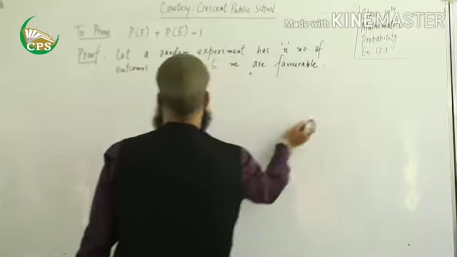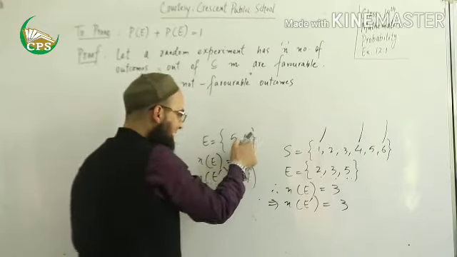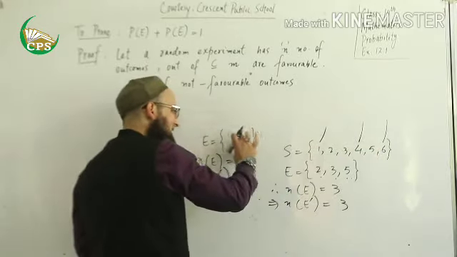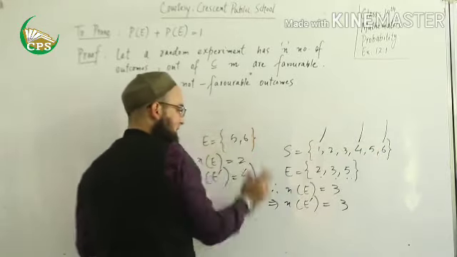Let me give you one more example. For the same sample space, let us say my event is number greater than 4. Numbers greater than 4 are 5 and 6. So the number of favorable outcomes is 2. What is the number of not favorable outcomes? 1, 2, 3, 4. How many are there? 4. How do we get the 4? The total, 6, minus the number of favorable outcomes, 2, gives you 4.